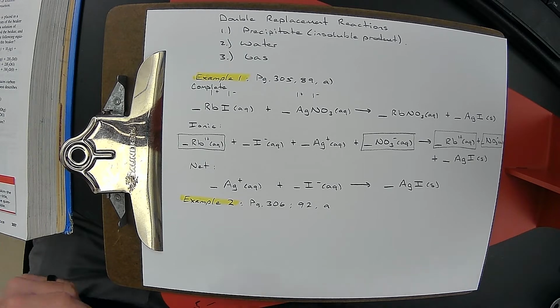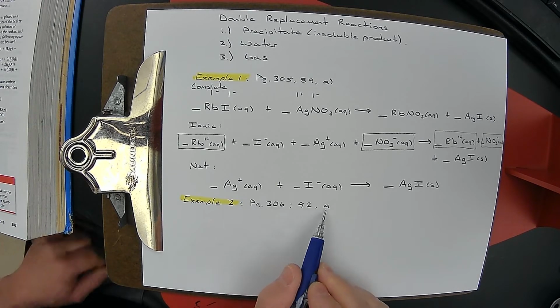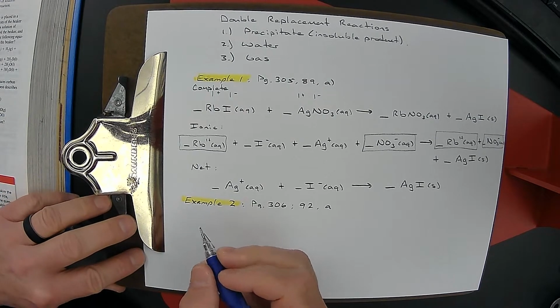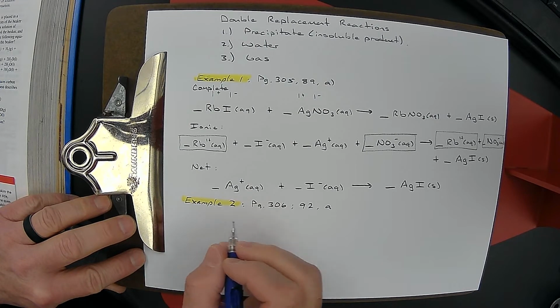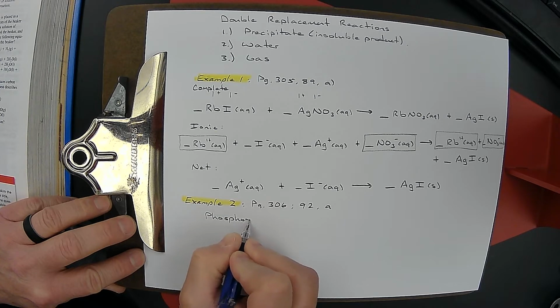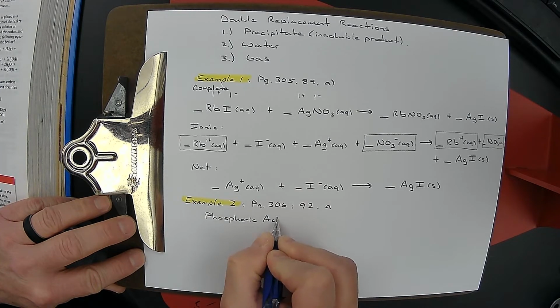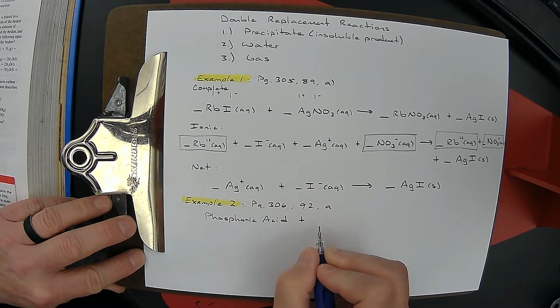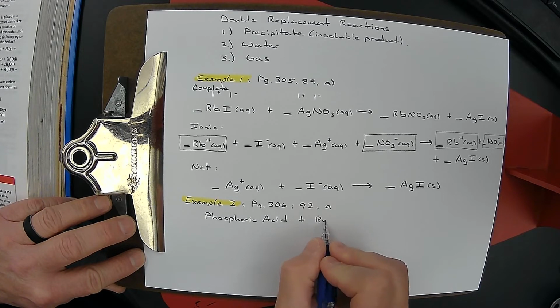In the next example, we're going to be looking at page 306, 92A. And on this one, what we have is phosphoric acid plus rubidium hydroxide.